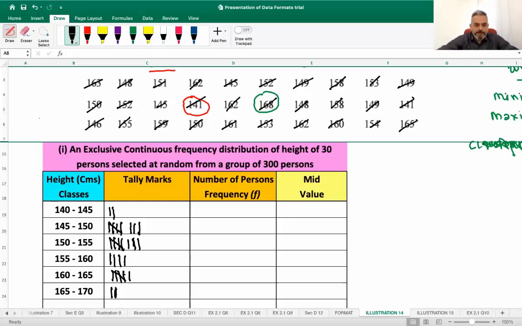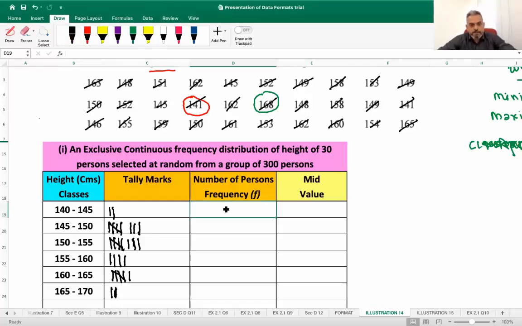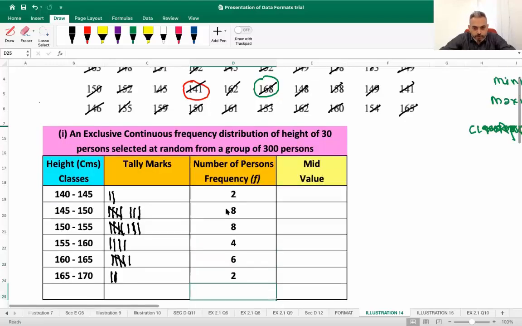Now, let's count. Two people, then 5 and 3, 8, then 4, then 6, and then 2. Total 30.